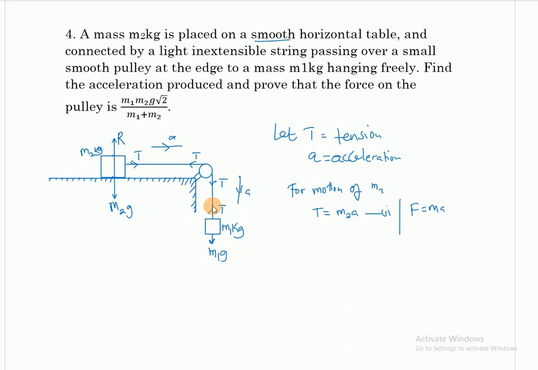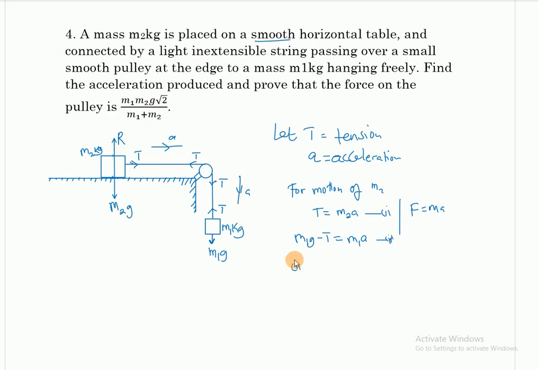Then we look at the motion of m1. It is moving downward, so the weight of m1 is greater than the tension. So m1g minus T is equal to m1a. Call that equation number 2.